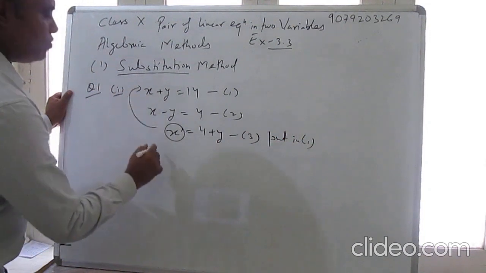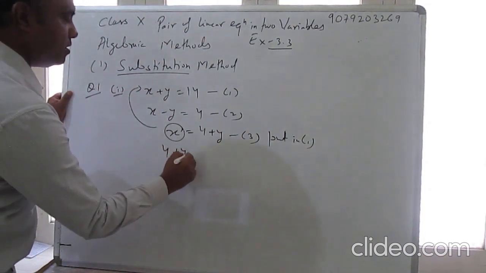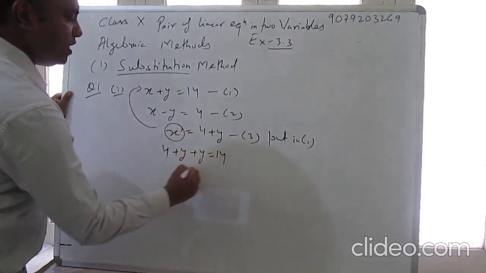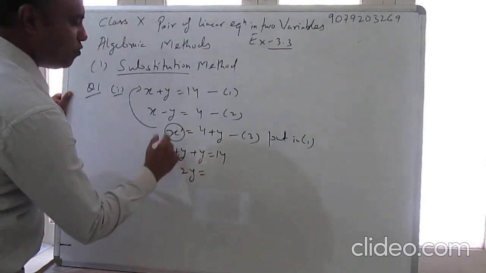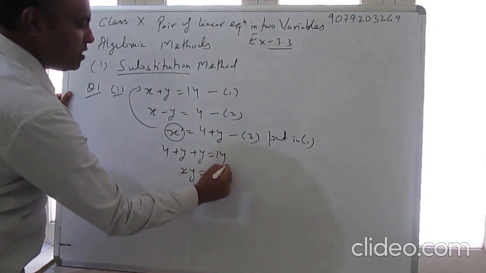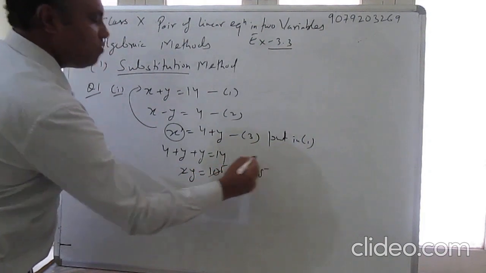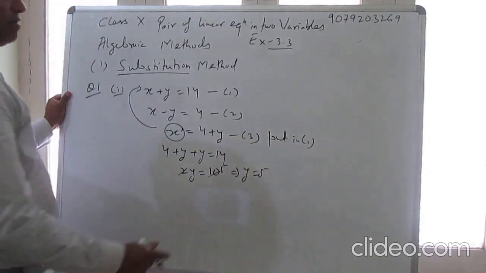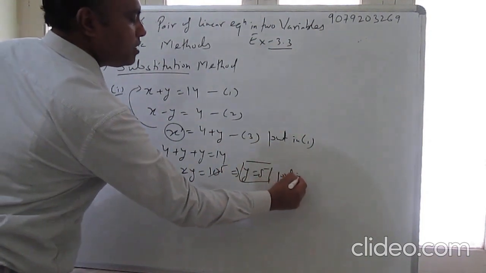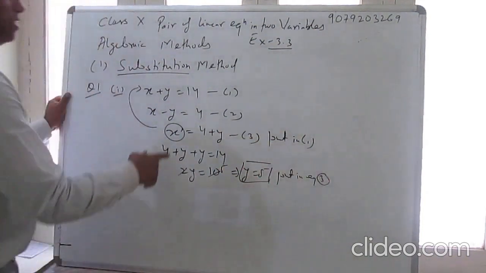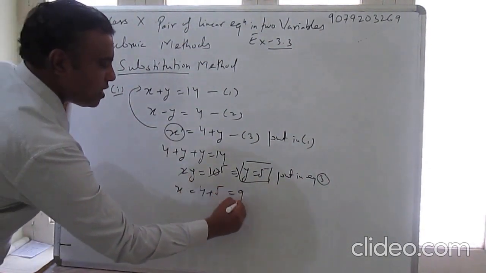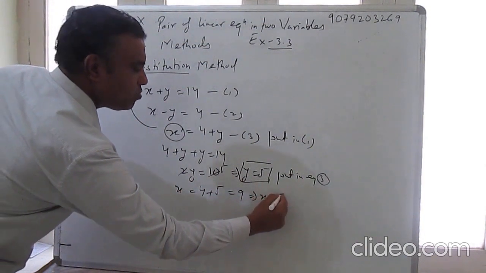So instead of x you write 4 plus y. 4 plus y is equal to 14. 2y is equal to 14 minus 4, so 10. This implies y is equal to 5. Put in equation 3. So x is equal to 4 plus 5 is equal to 9. This implies x is equal to 9.